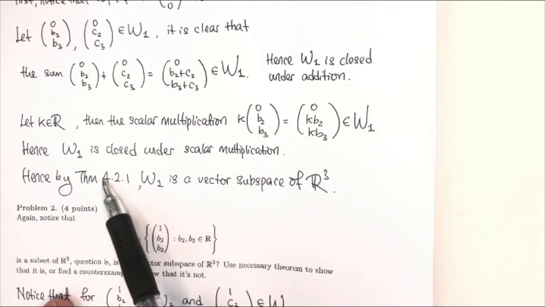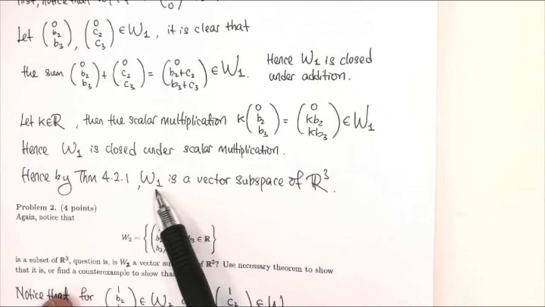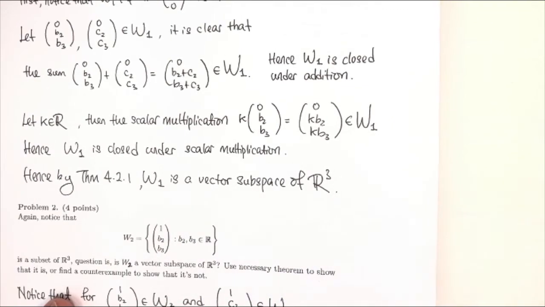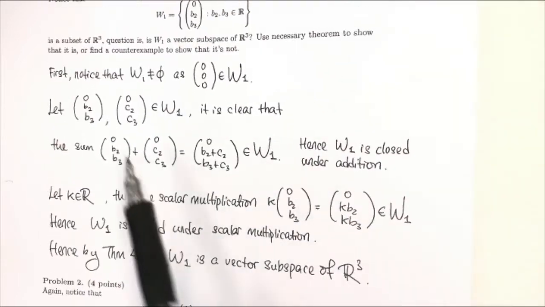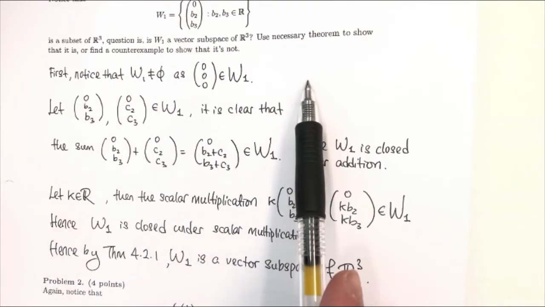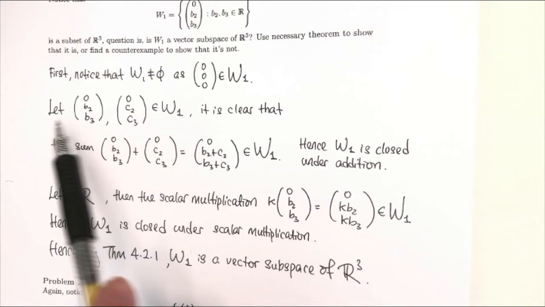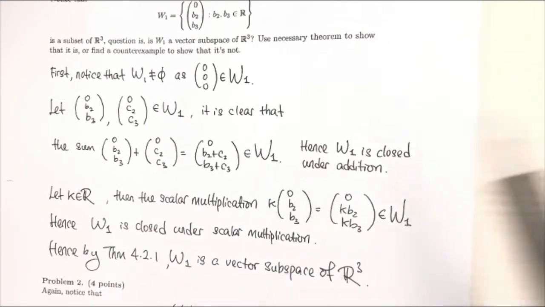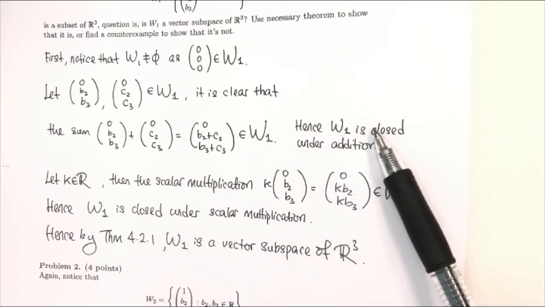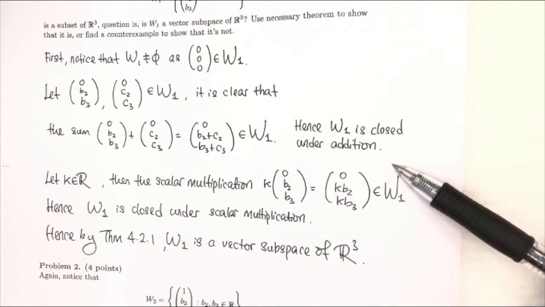Sometimes if you forget the numbering of the theorem, you don't have to cite it. You can just say by theorem, W1 is a vector subspace of R3. So look, this is not just computations, it's with sentences. First, notice what happens. Then you choose something, you let something be from W1. And then it is clear that the sum is also in W1. Therefore, W1 is closed under addition.